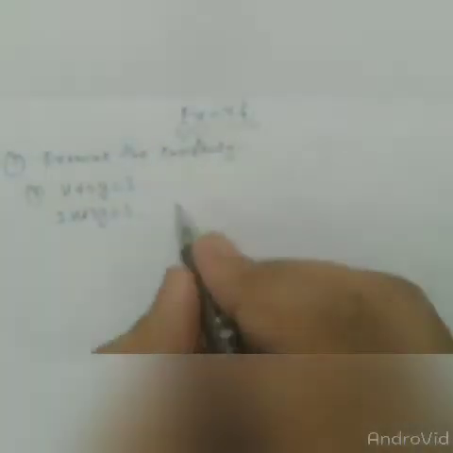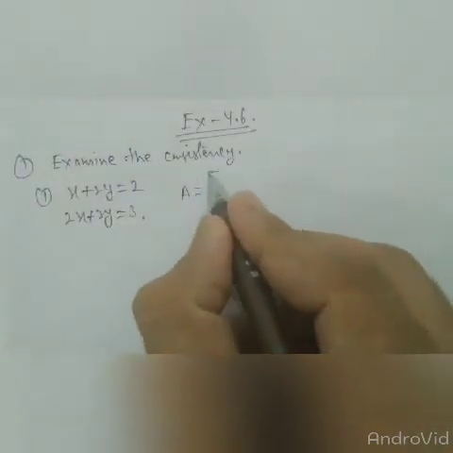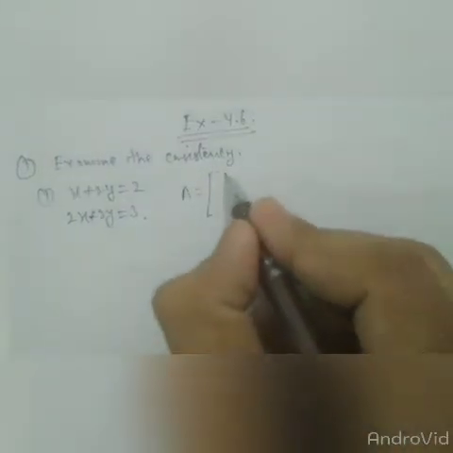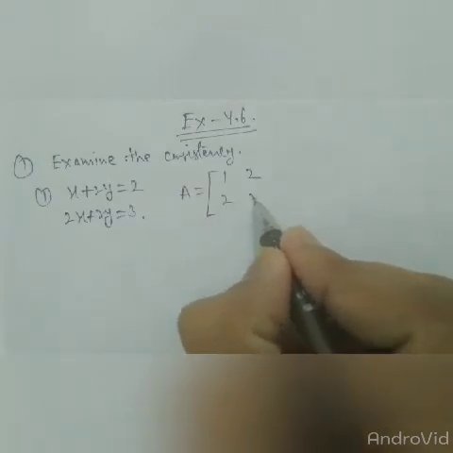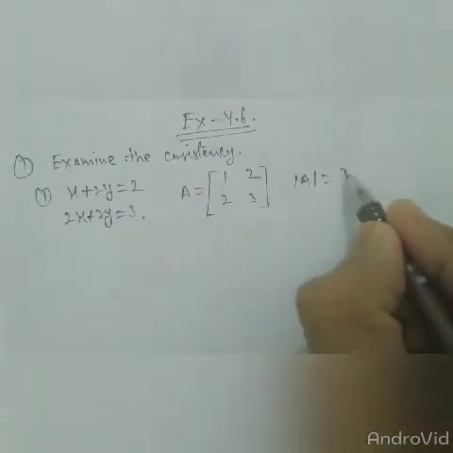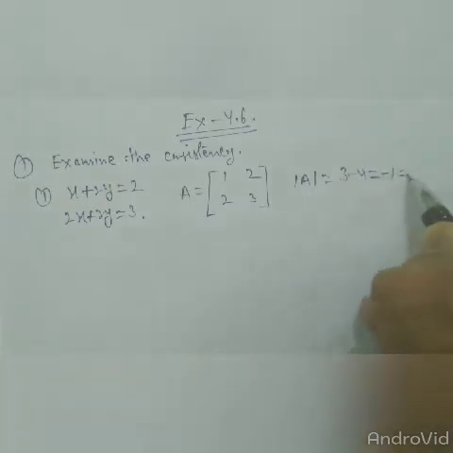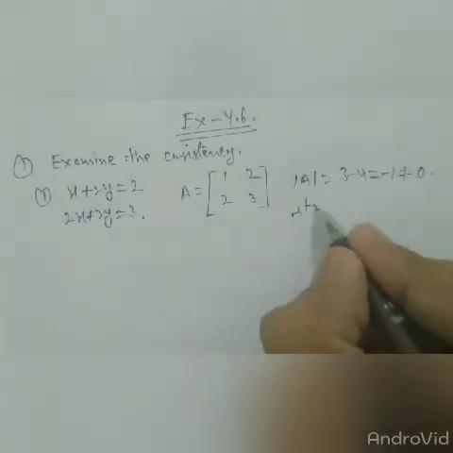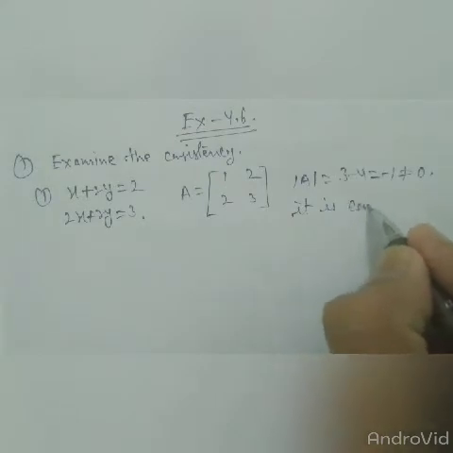Then matrix A is 1, 2, 2, 3. Determinant of A is 3 minus 4, this is minus 1, not equal to 0. So it is consistent.